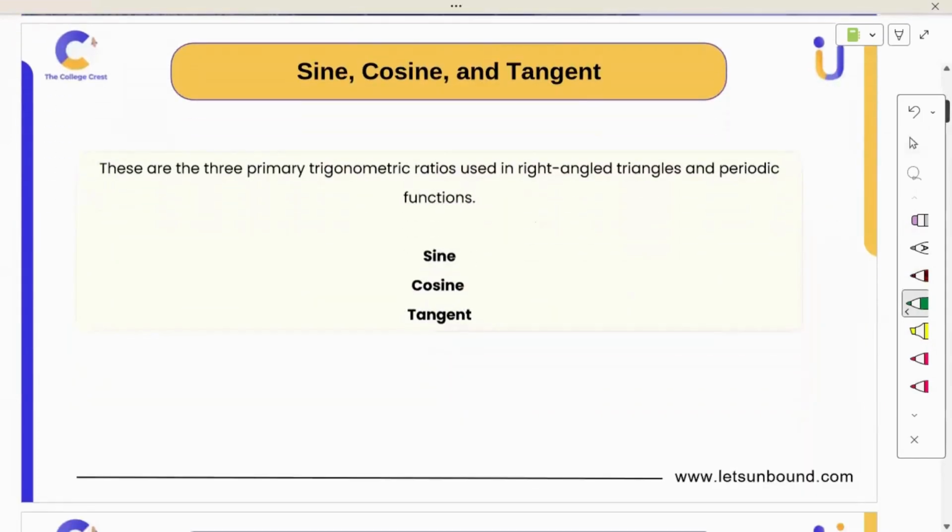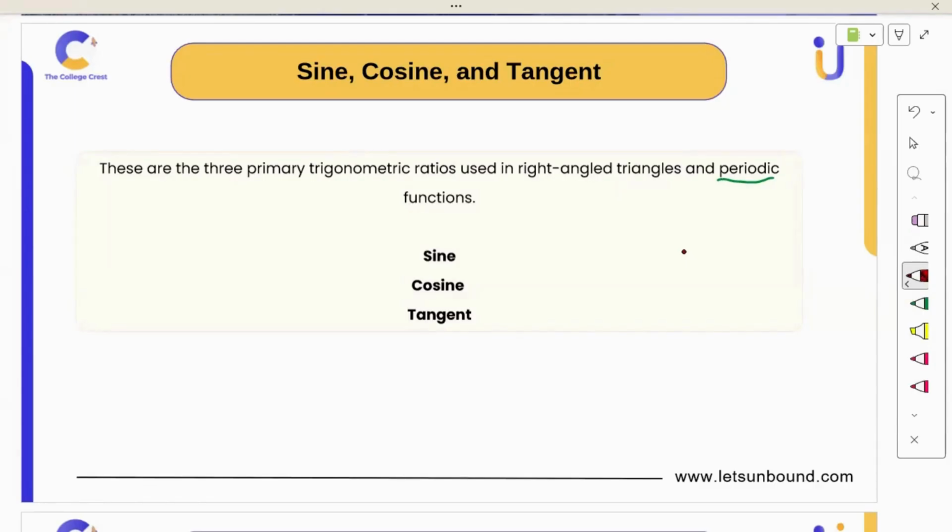So what are sine, cosine, and tangent? There are three primary trigonometric ratios used in right angle triangles. We already learned them in right angle trigonometry and also in periodic functions. These are just names of ratios. We have many ratios in a triangle, like if you have sides A, B, C, then A by B, A by C, B by A, B by C, and many things can be formed.